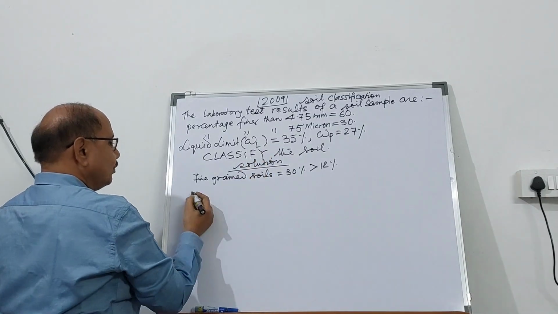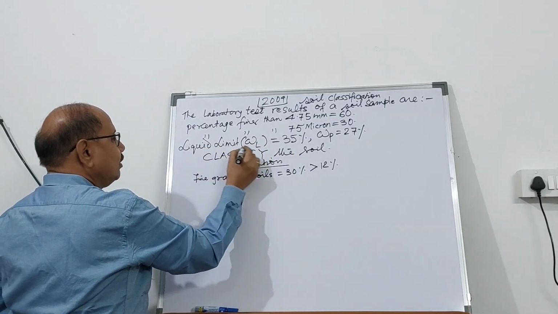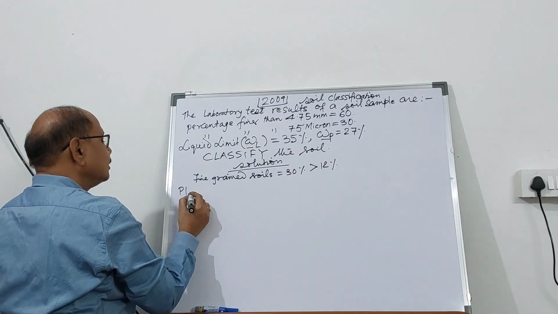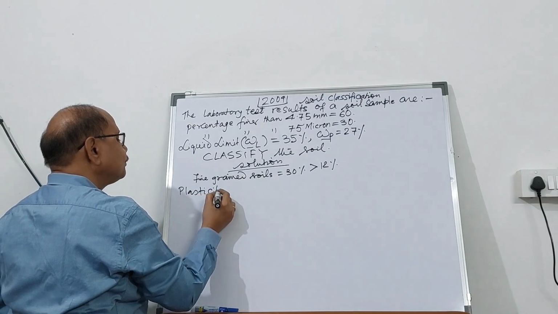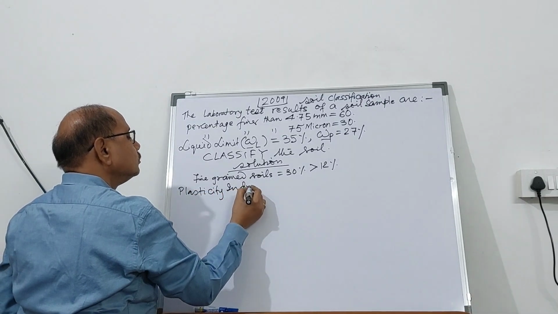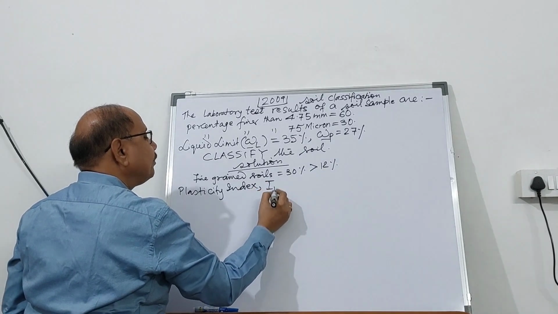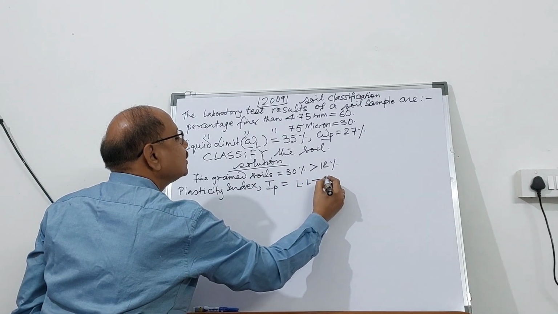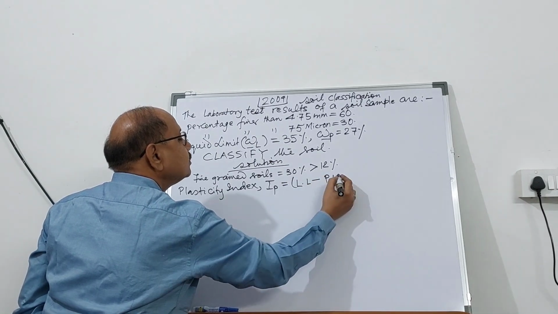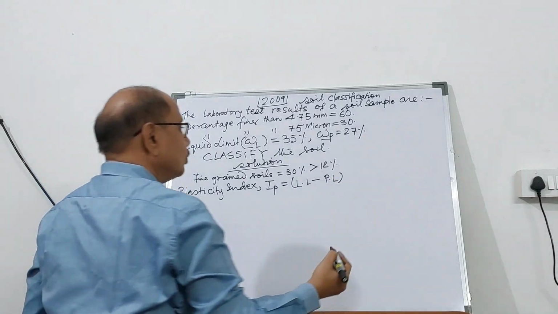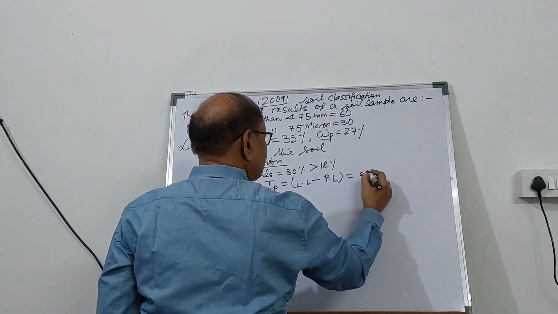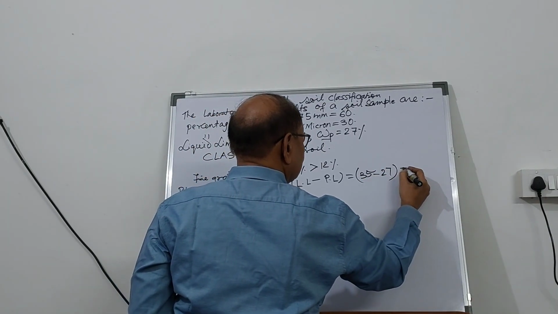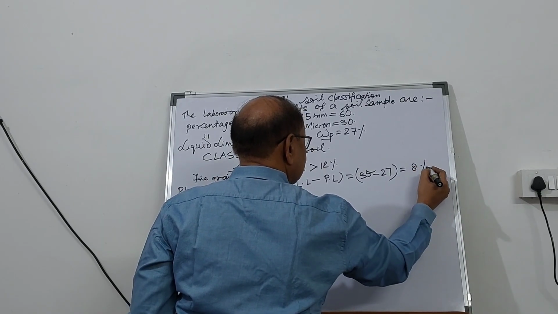Look here, based on this liquid limit and plastic limit, we can find out the plasticity index. So plasticity index IP is the difference of liquid limit minus plastic limit. That means it is going to be 35 minus 27, so it is 8%.